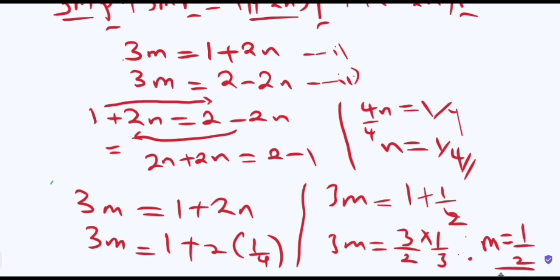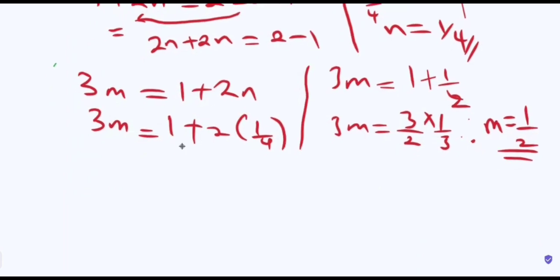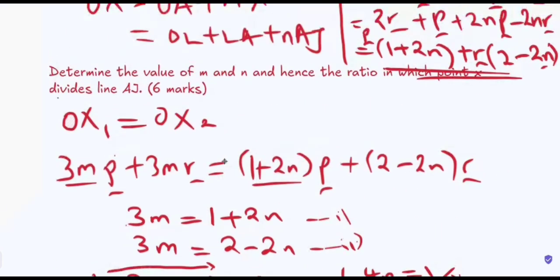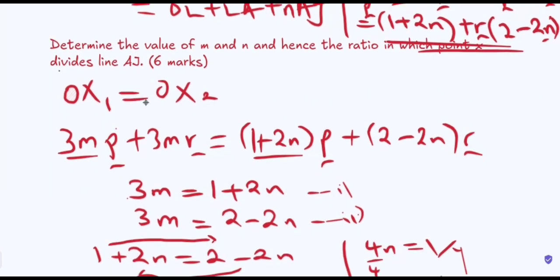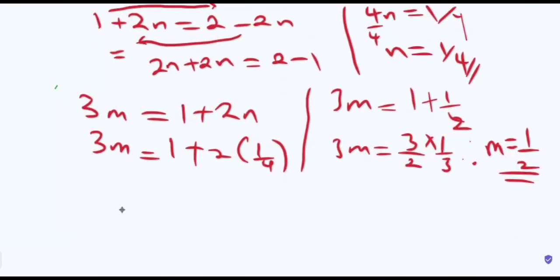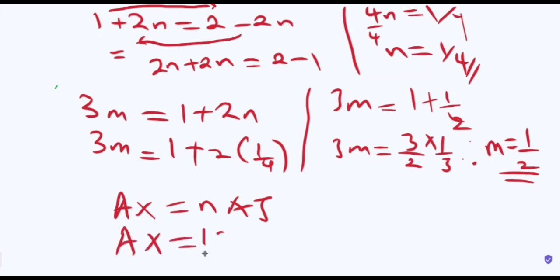So paka pale tushaelewana. So n ushapata, m ushapata. Bado the ratio x, yani umeulizwa determine hence the ratio in which point x divides line AJ. So kuna pale tulisema AX equal to n AJ, kama wakumbuka, na iko kwenye swali pale. So kumbuka AX equal to n AJ, n tayari tushapata, so AX equal to a quarter of AJ.